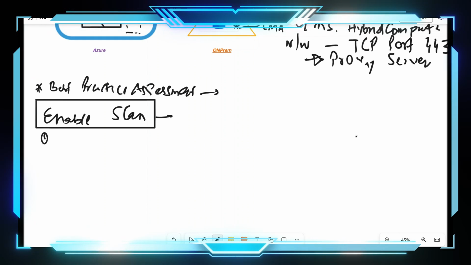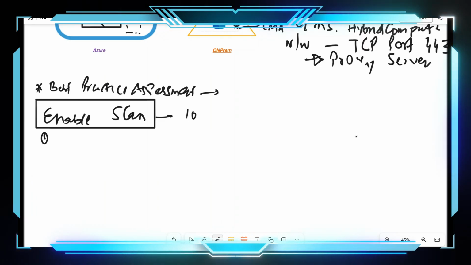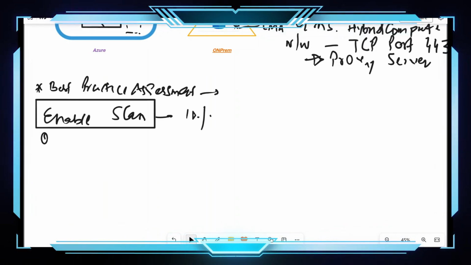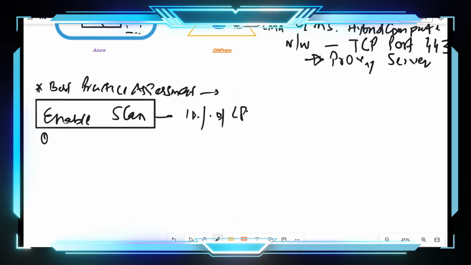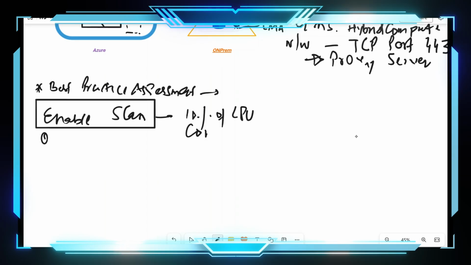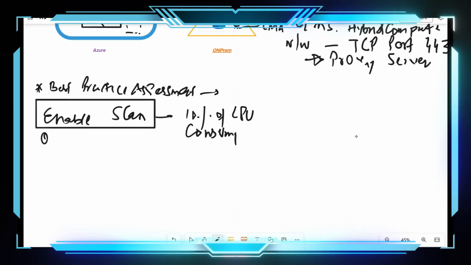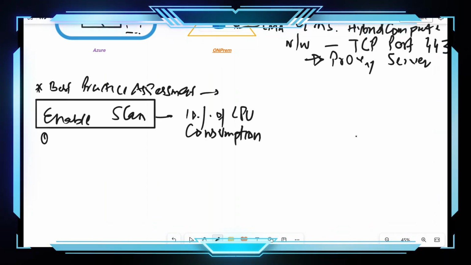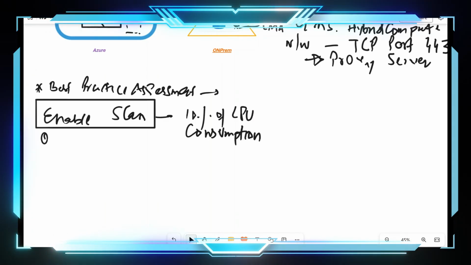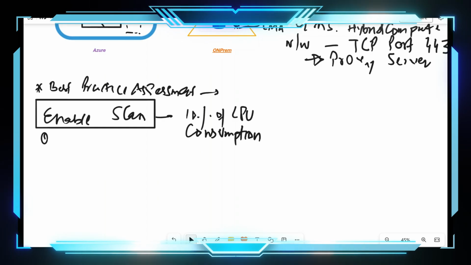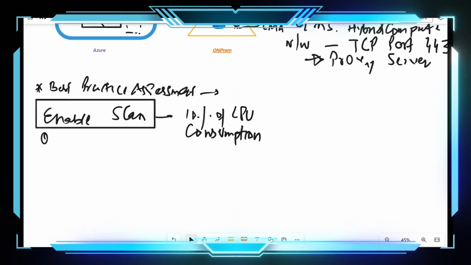But typically, on average, it's going to take 10% of CPU consumption. So in case you're enabling this, just make sure that from the CPU perspective, that is how much it's going to take, so there is no impact on performance.